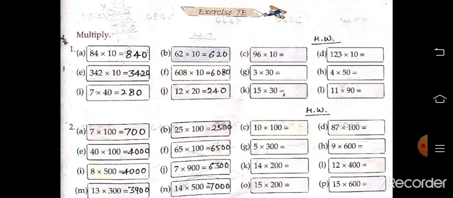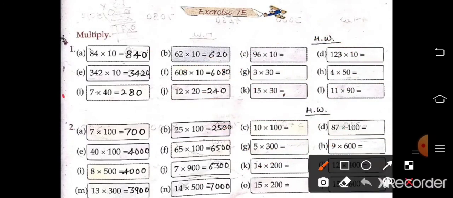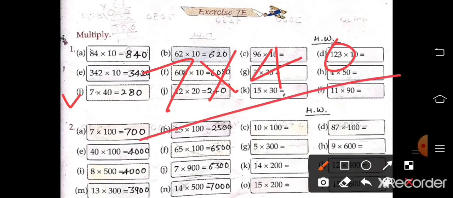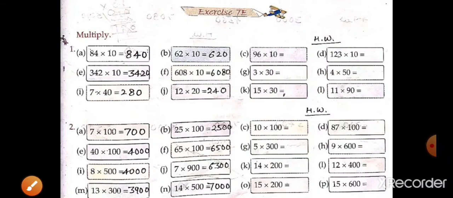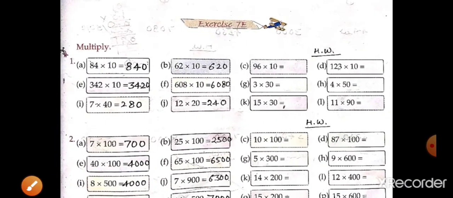Okay, now the I part, 7 multiply 40. Okay, so look carefully. We multiply only 7 multiply 4. 7 fours are 28 and put 0 at the last like this. Okay, so like this you have to do. This is your homework.